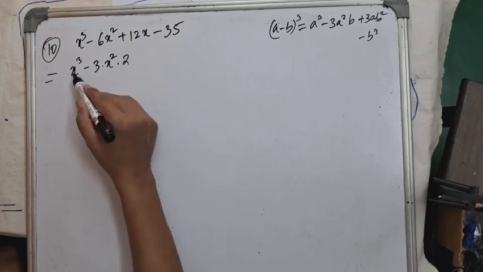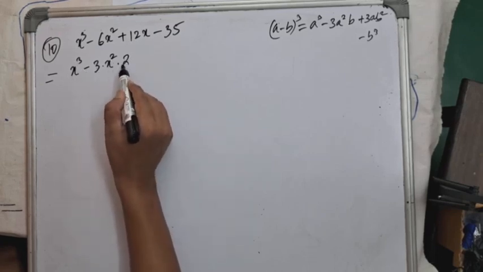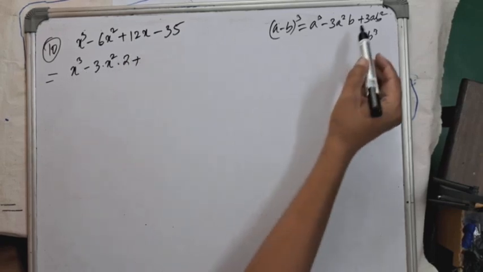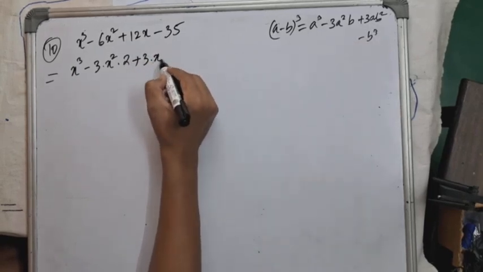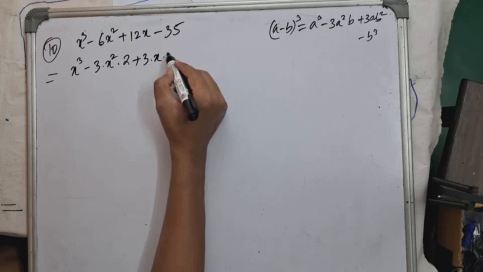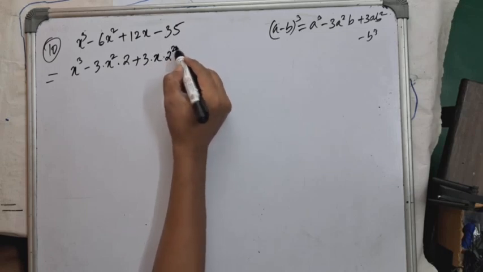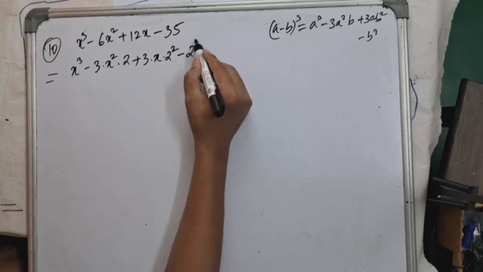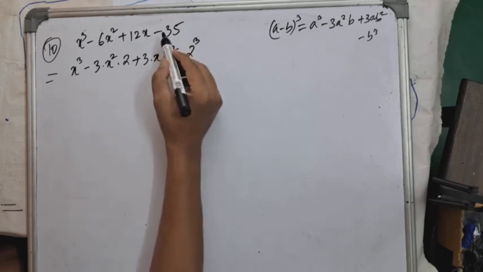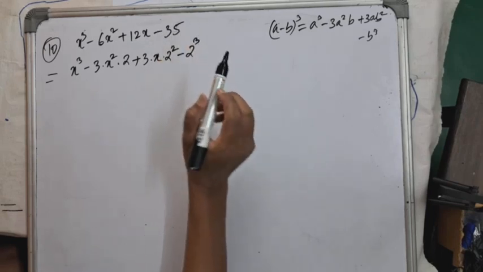Okay, so a cube minus 3a square b plus 3ab square, isn't it? 3ab square, 3a is x, b square, b is 2, 3ab square, minus b cube, b is 2, isn't it? 2 cube. Now this minus 35, isn't it?